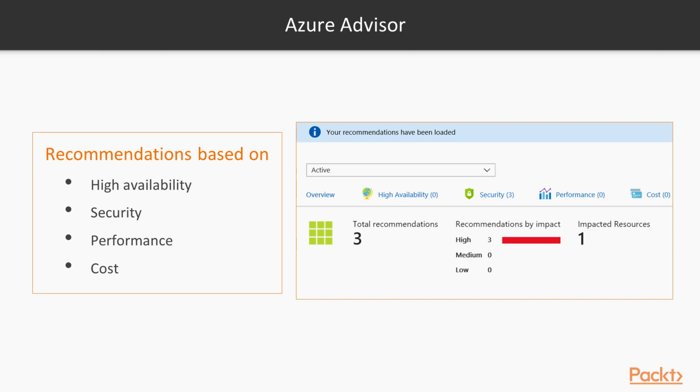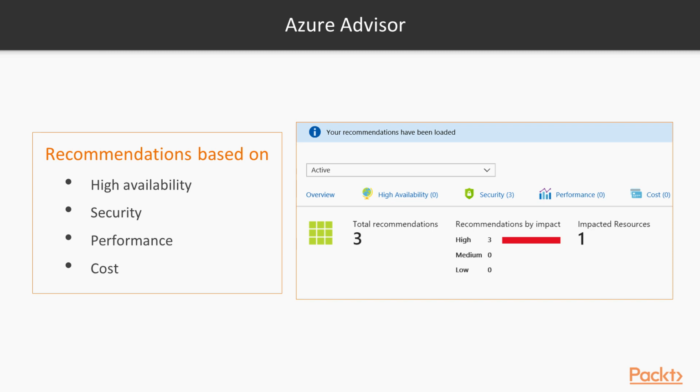If you deploy SQL databases in PaaS, it will recommend you to create a replication to another region, for example. The integration for security is identical to Security Center that I covered in a previous section in this course.